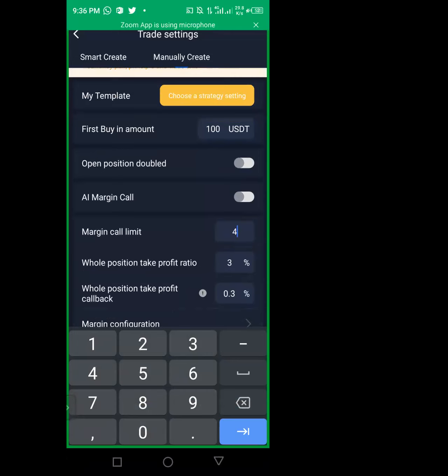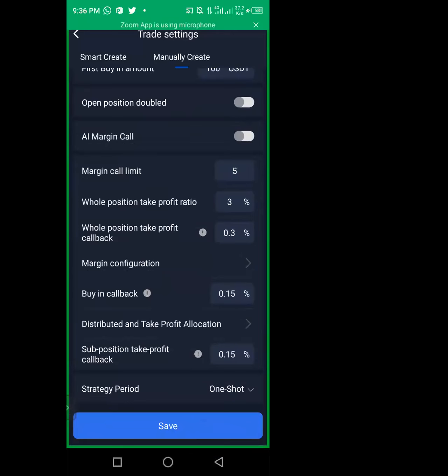If your margin call limit is below 5, maybe 4, 3, 2, 1, the artificial intelligence robot cannot make profits for you when coins are going down. It is when it has entered 5 and above that you will now see the distributed and take profit allocation. You will now also see the sub position take profit callback.